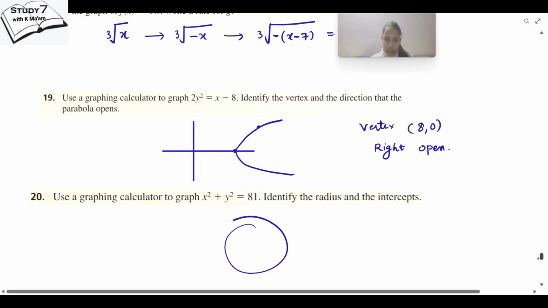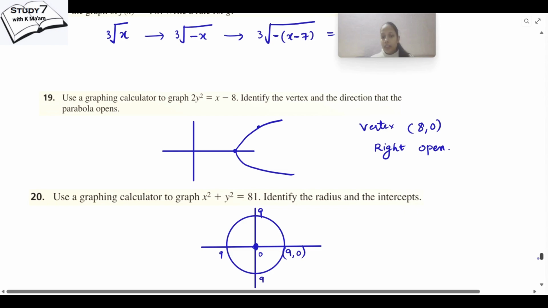So circle with the center at (0, 0) here. Total radius is 9. So that means from the center to this is 9, this is 9, this is 9 and this is 9. Remaining is the direction. This side is the right side.